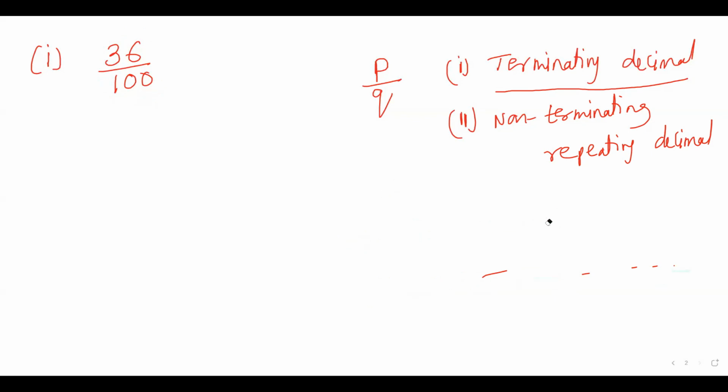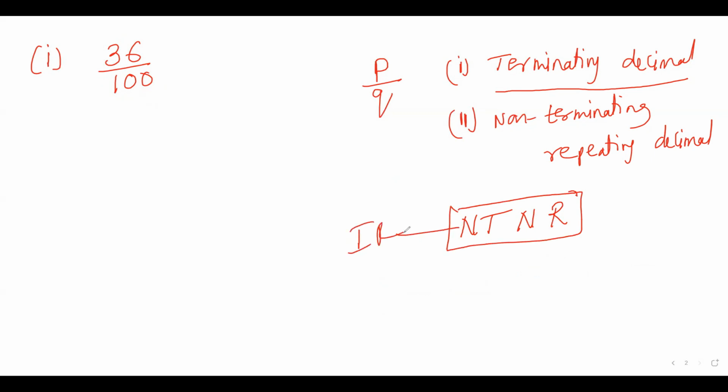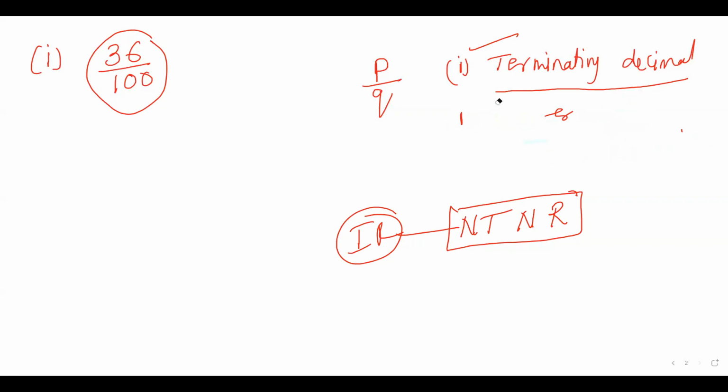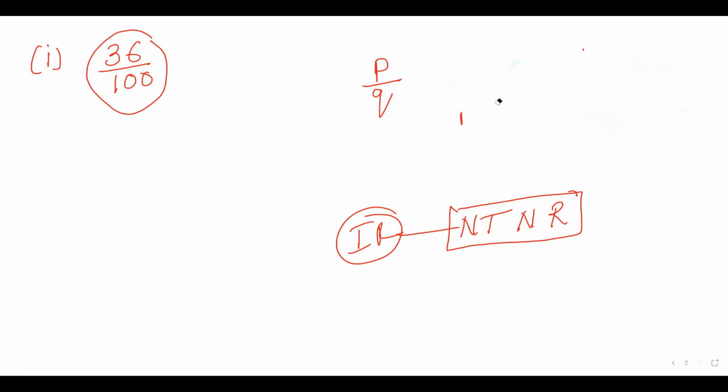There is no chance of getting non-terminating non-repeating decimal, because that is irrational. It cannot be expressed in P by Q. So let us divide and check what type of decimal it is.